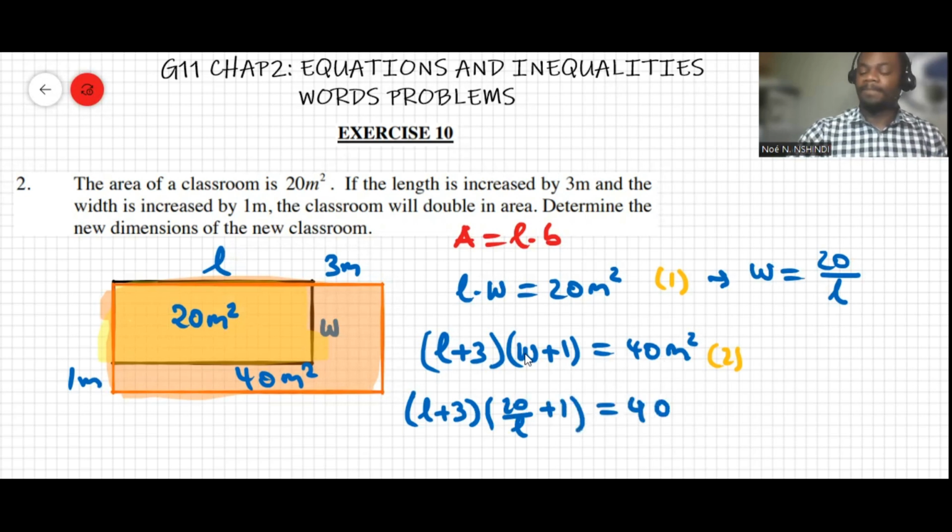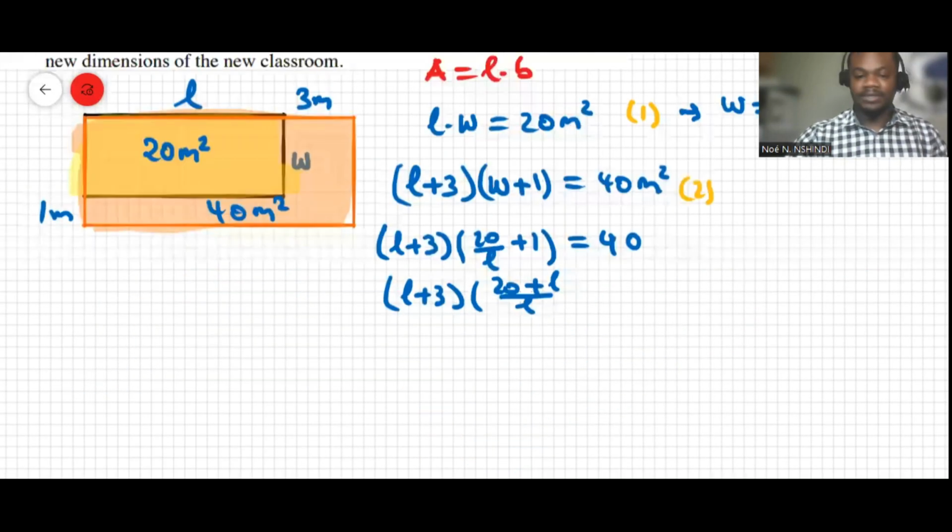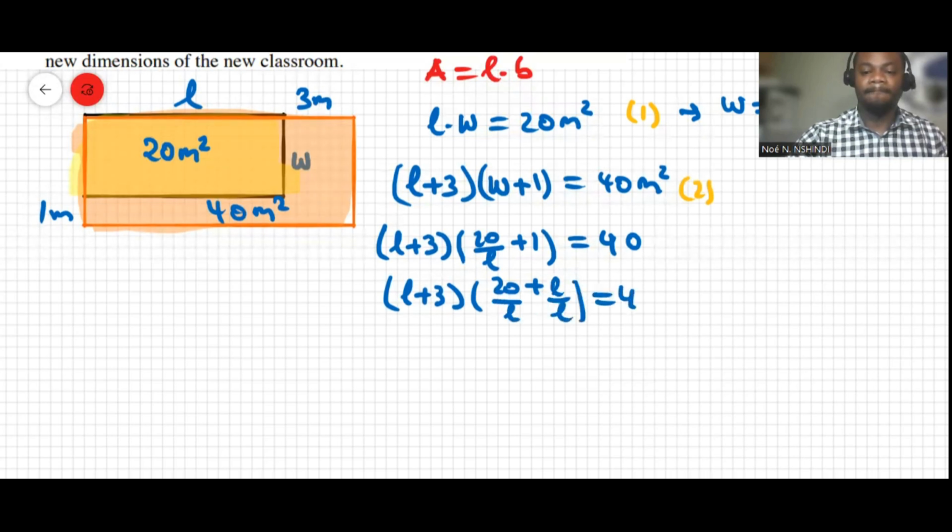If I write it all with a common denominator L, since 1 is L over L, then this will be L plus 3 times 20 plus L over L equal to 40.